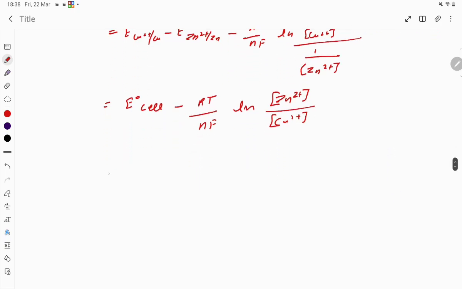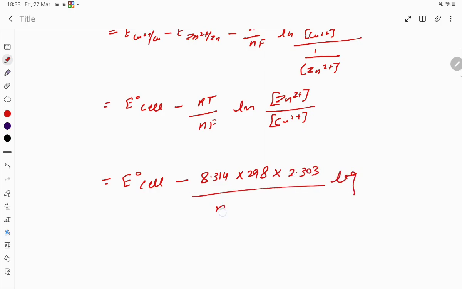Now you can put the value of each thing. E naught cell, my R value 8.314, T 298, ln converting into log so 2.303, divided by n as it is, 96,500, log Zn2+ upon Cu2+.